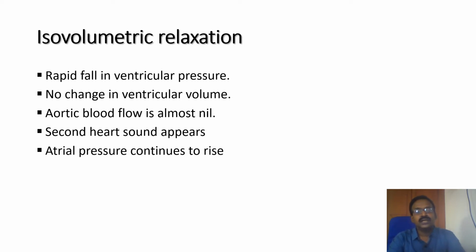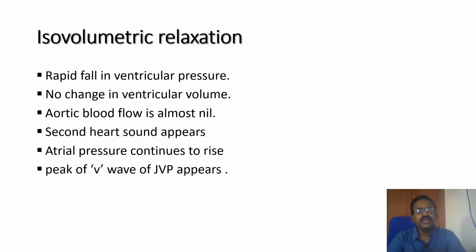And atrial pressure continues to rise due to the increased venous return to the atrium. Okay, atrial diastole coincides with the ventricular systole. 0.7 second is the duration of the atrial diastole. So the atrial pressure continues to rise during the isovolumetric relaxation phase also.